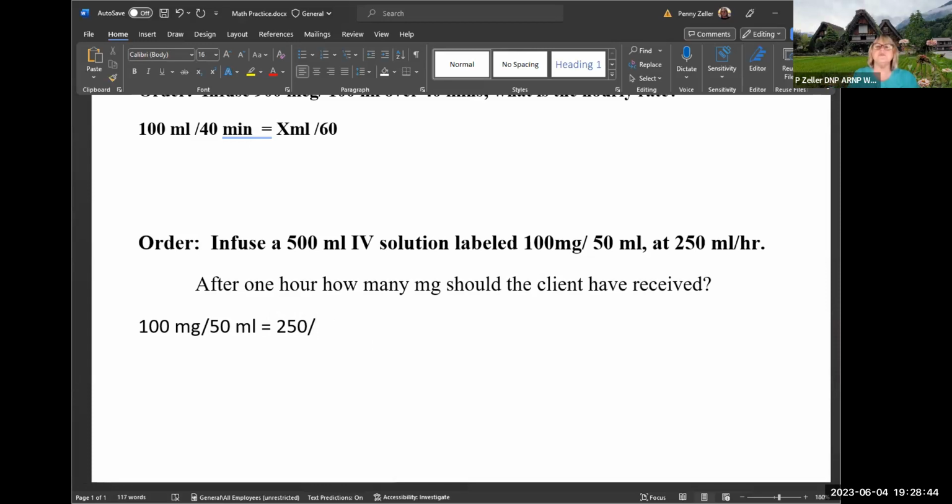So how much of the drug will the client receive if they're getting it at 250 an hour? 500. I haven't calculated it myself. See, 100 over 50, 250.